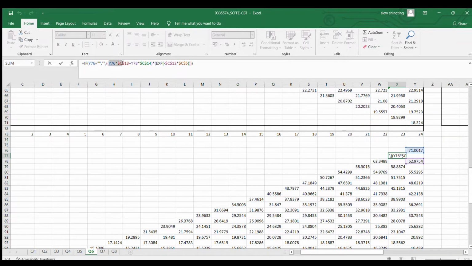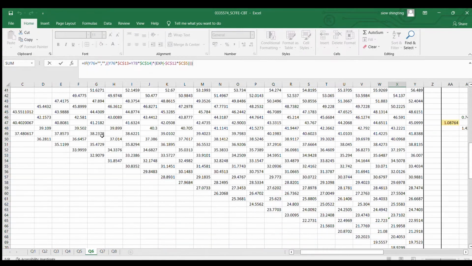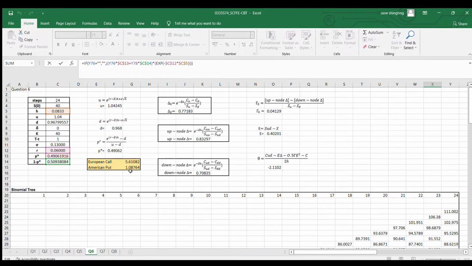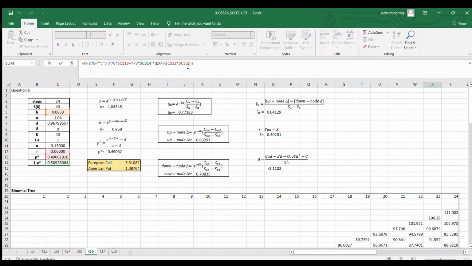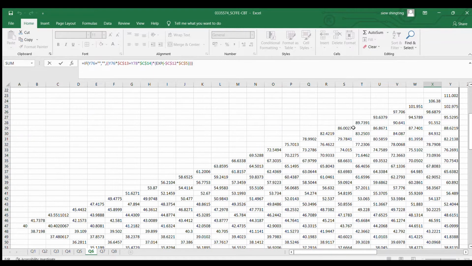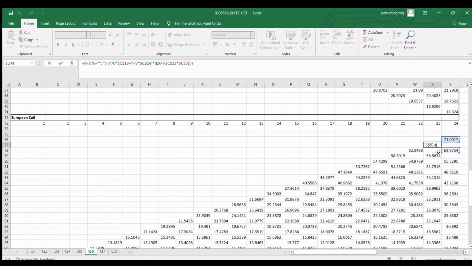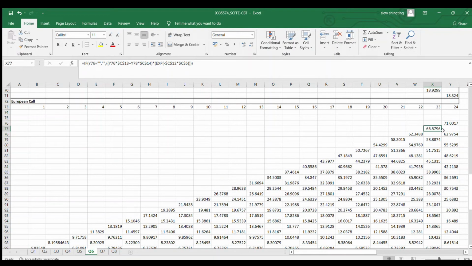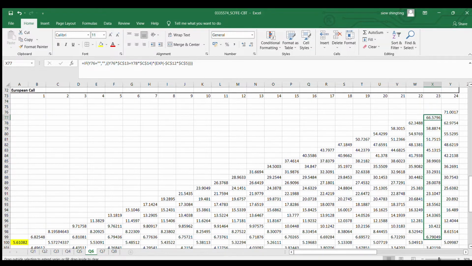For this part, we use the upside of the 24th period times p star, C13, plus the 62.97 times 1 minus p star, and times the exponential of C12 times C5, where C12 is the risk-free rate times h, 1 divided by 12, 0.833. So we get the answer 66.5769. After that, we also pull down until the downside.